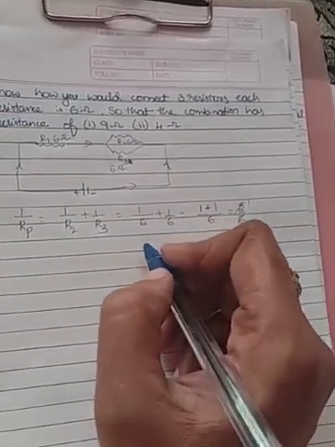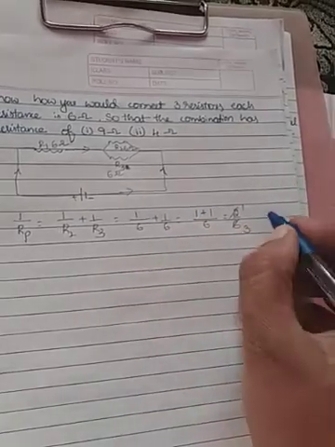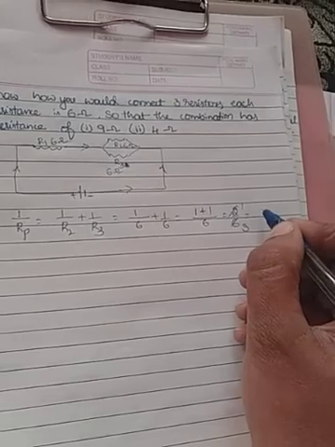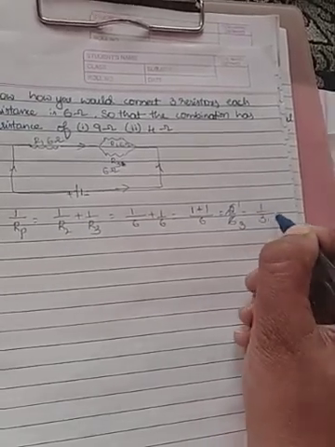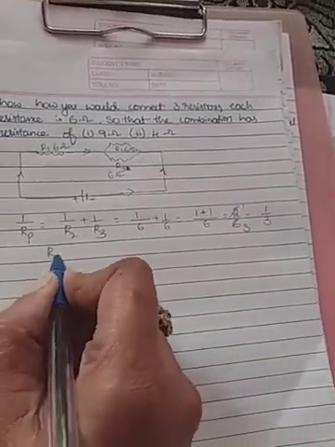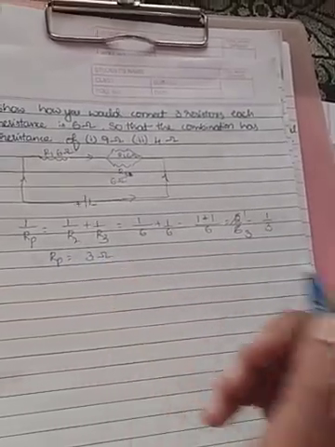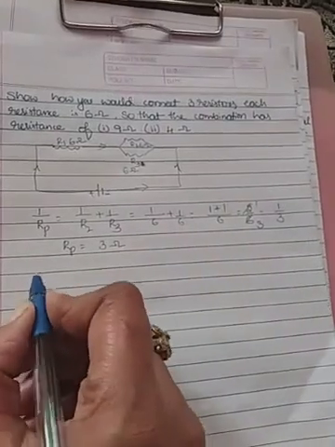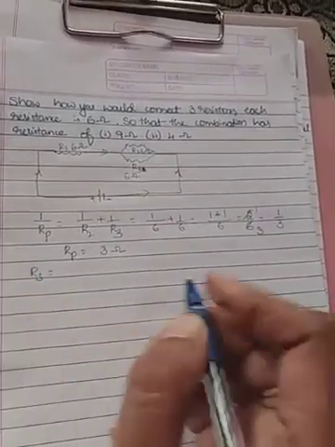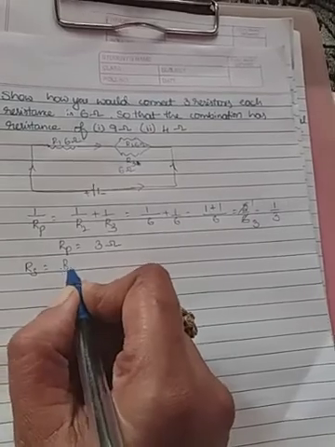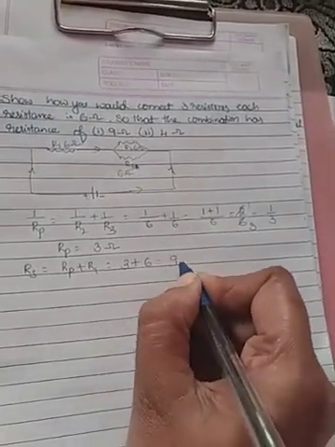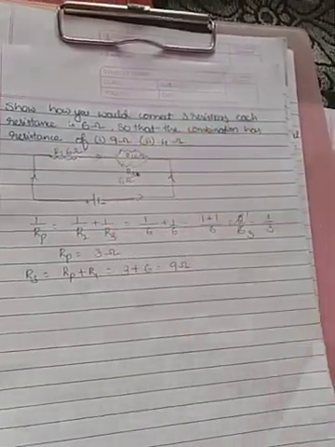So instead of taking an LCM, if the denominator is the same, you can add the numerators. So it becomes 1 by 3, 1 by Rp, then Rp equals, if you take the reciprocal, 3 ohm. This 3 ohm is again connected in series, that means Rs equals Rp plus R1. Rp we got 3, plus R1 is 6, 6 plus 3 is 9 ohm.